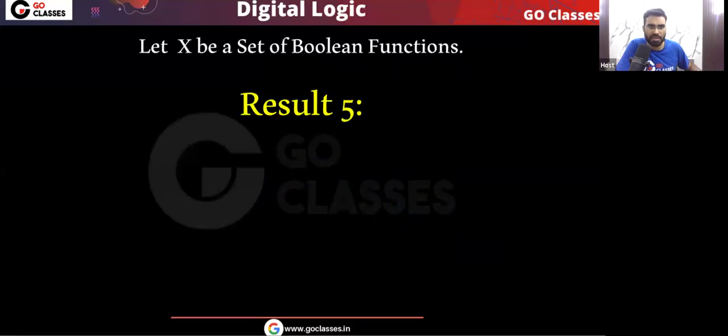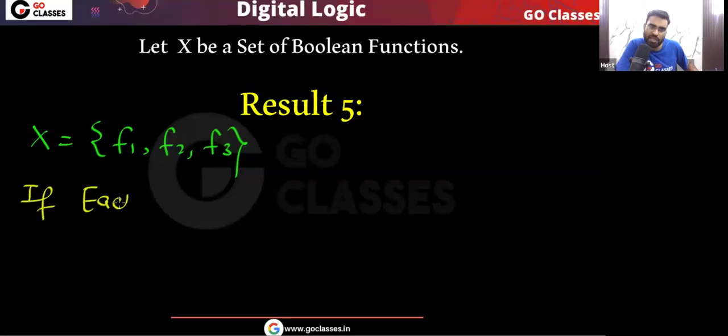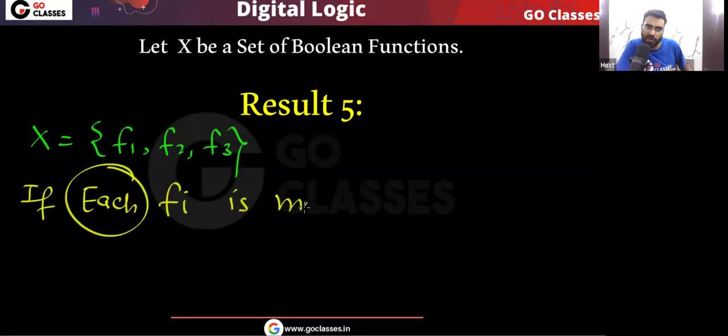Now let me tell you the result. The result is this. This is your set of functions f1, f2, f3. If each fi is monotonic, then what will happen?